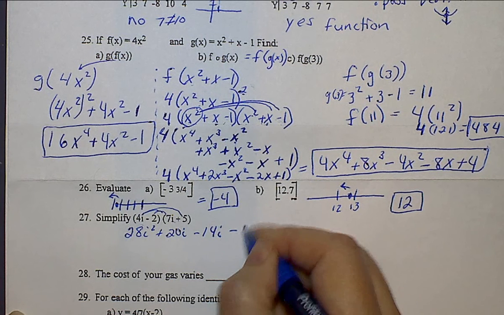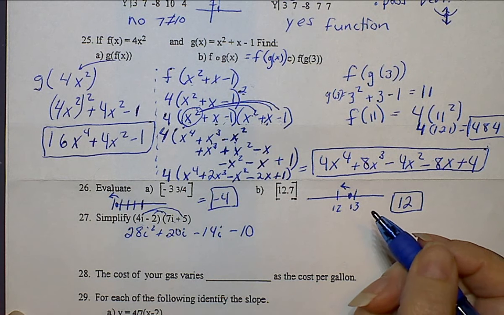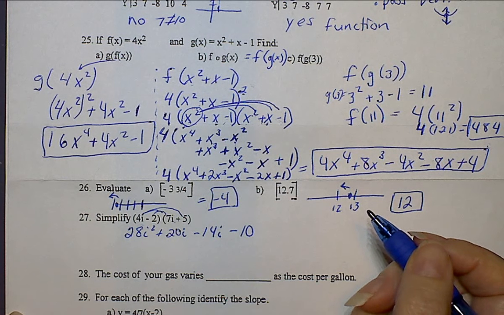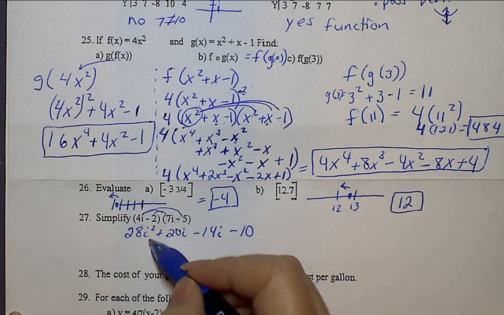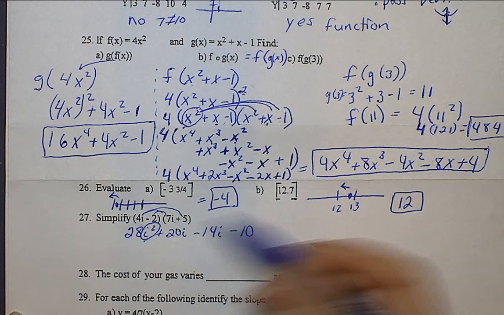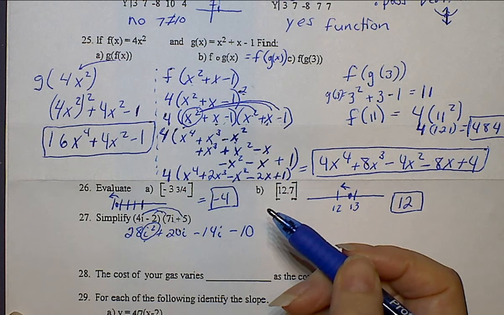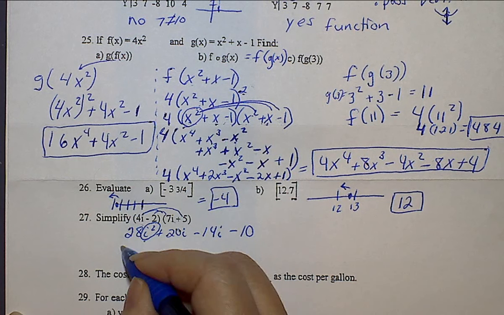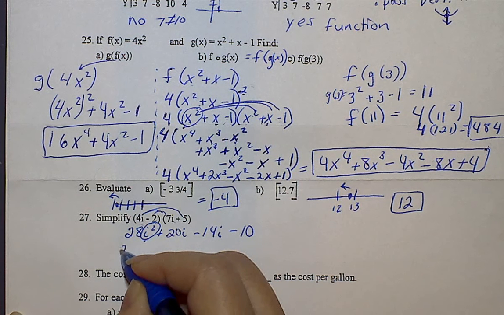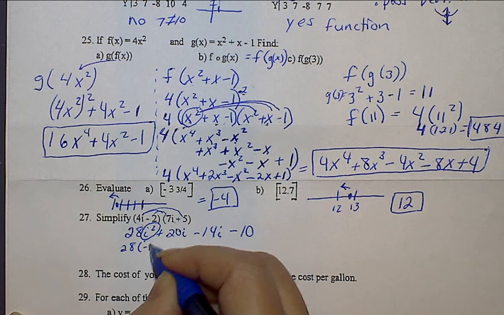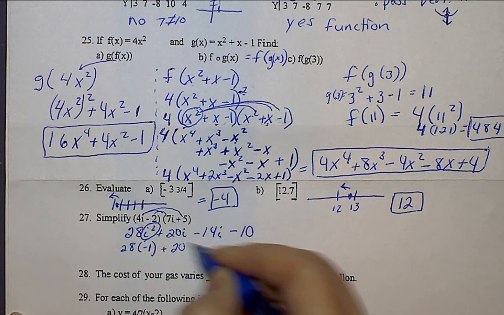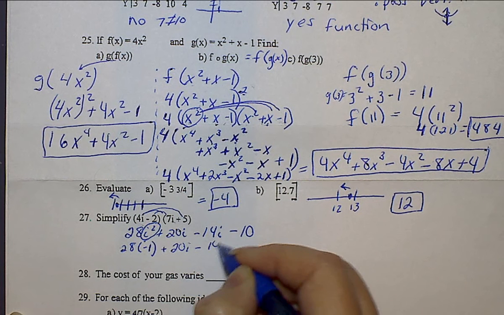Alright, so now, what is i squared? i squared is -1. So that means we have 28 times -1 plus 20i minus 14i minus 10.